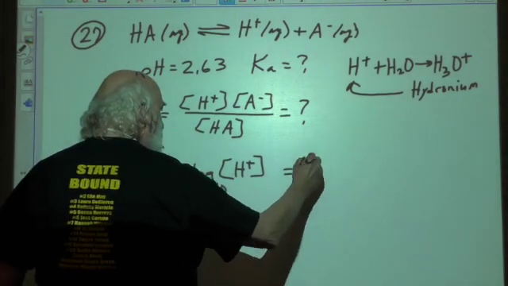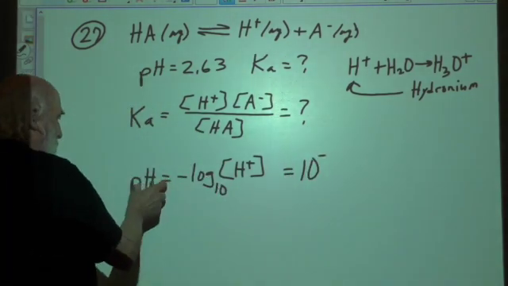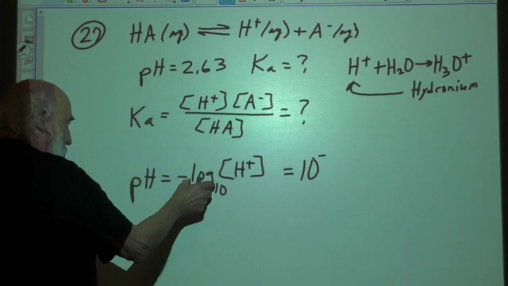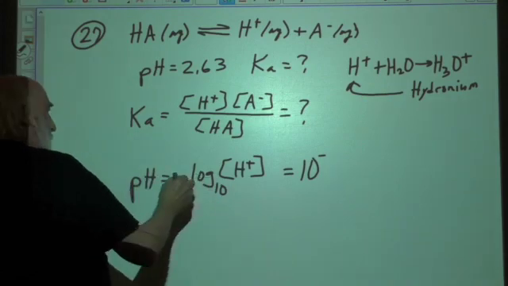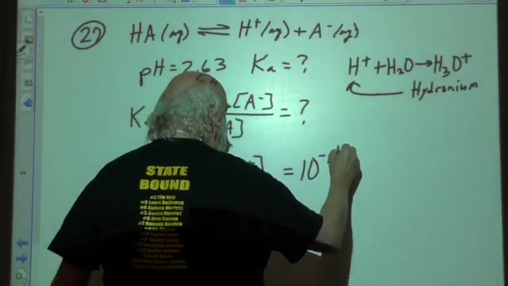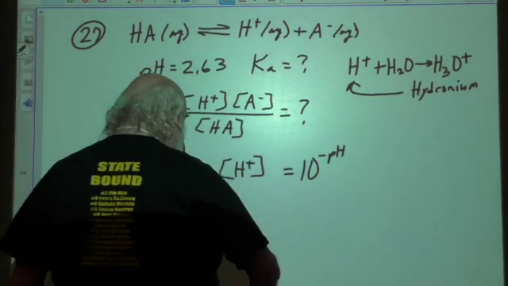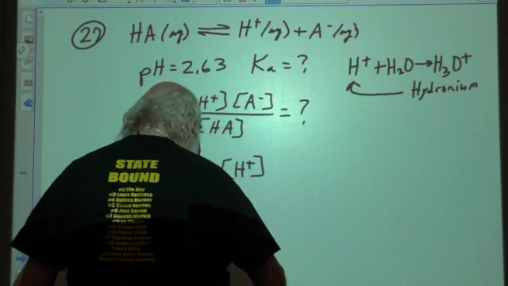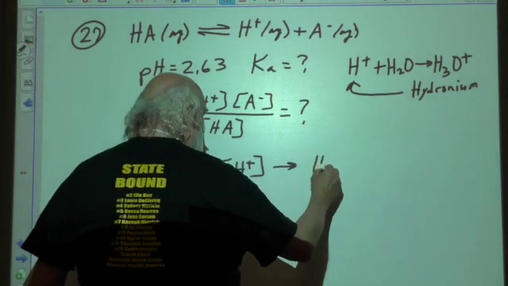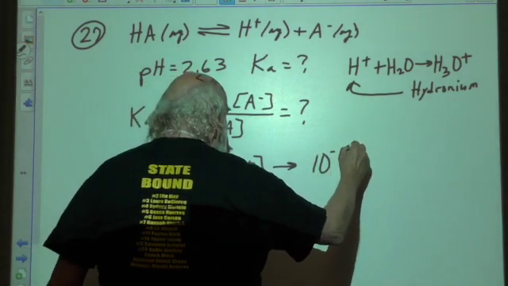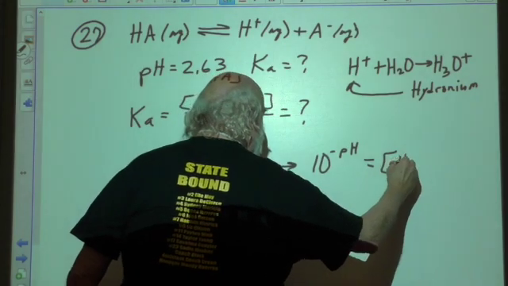So the 10 to the negative, and the exponent here, logarithm or exponent, is pH. So negative pH, and that, sorry, that should not be an equal sign there, that should be an arrow showing a step. 10 to the negative pH equals the concentration of hydrogen.